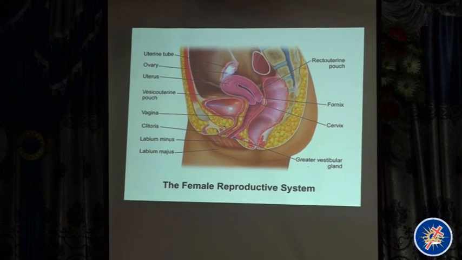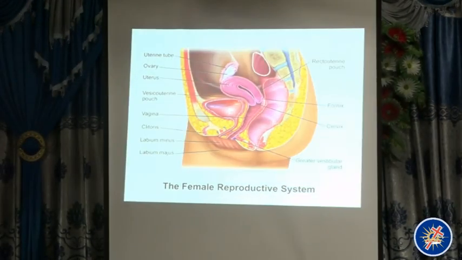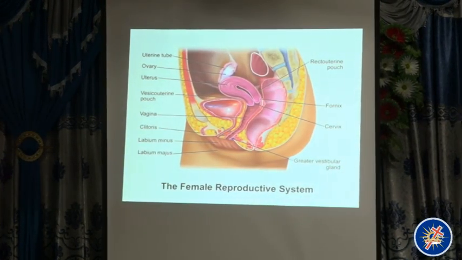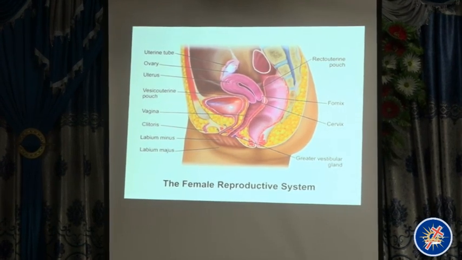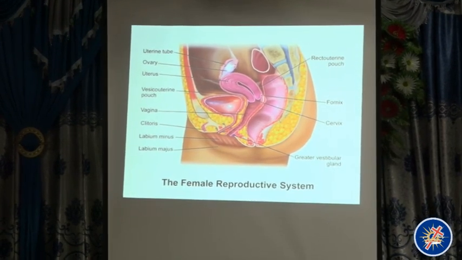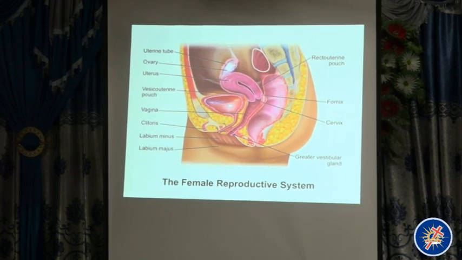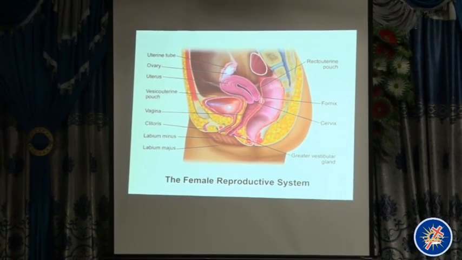Majority of women, the uterus is like this. This is called anteversion. Anteverted meaning it is facing the front, in front of the bladder. But a few women, you will find that the uterus turns 180 degrees this way and faces the rectum, like this. It's called retroversion.